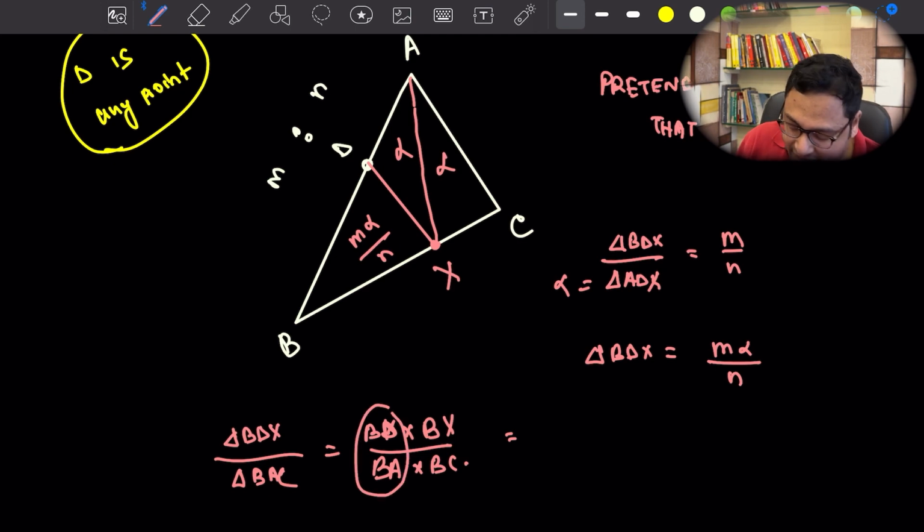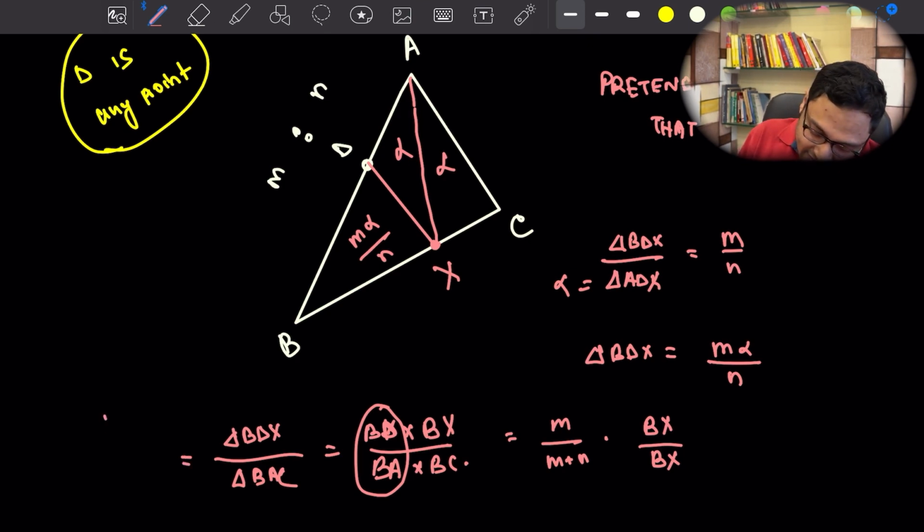BD over BA is m over m plus n, times BX over BC. And BDX over BAC is m alpha by n divided by m alpha by n plus alpha.